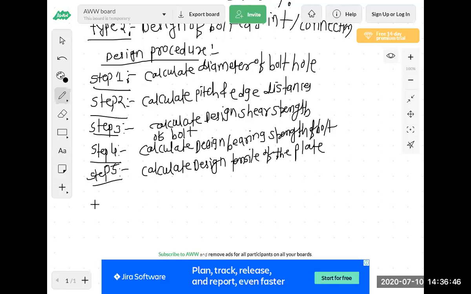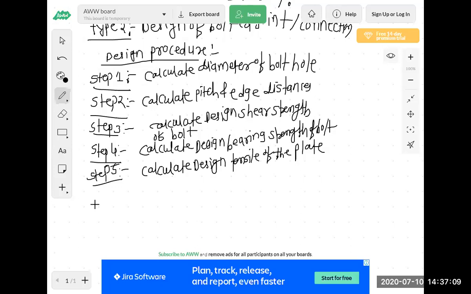And after that, step number 6 is the minimum of these 3 strengths. Minimum strength of the shear, bearing and tensile. That is step number 6, and the title given for step number 6 is design strength of the bolted joint.